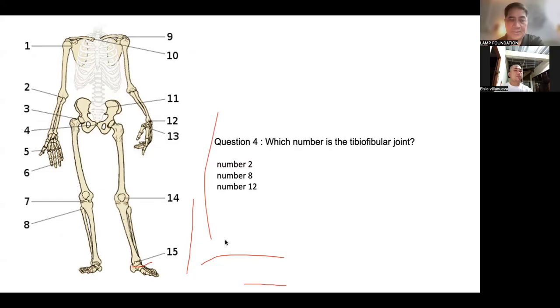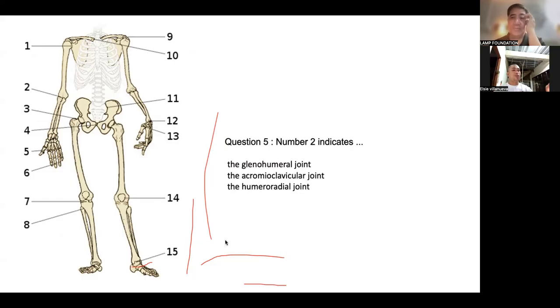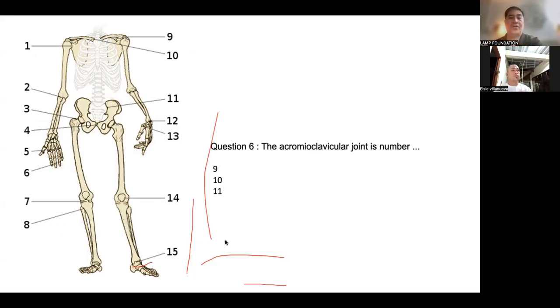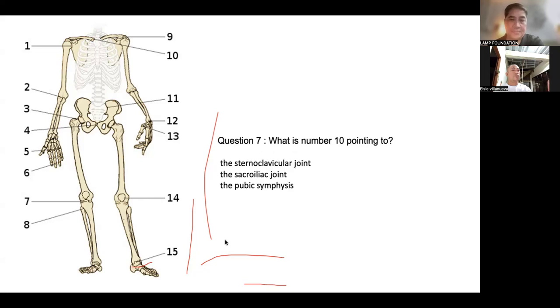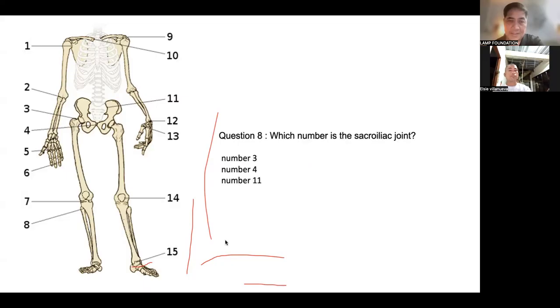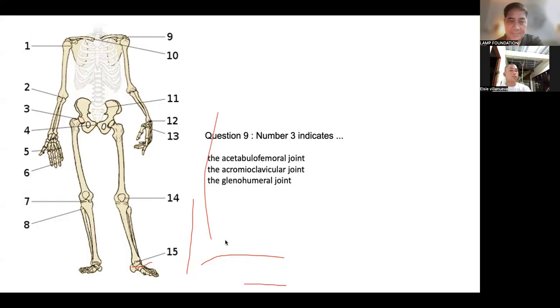Tibiofibular joint. Number 8. Number 2, humeroradial joint. Acromioclavicular joint. Number 9. 10, the sternoclavicular joint. Sacroiliac joint. That is number 11. 3.